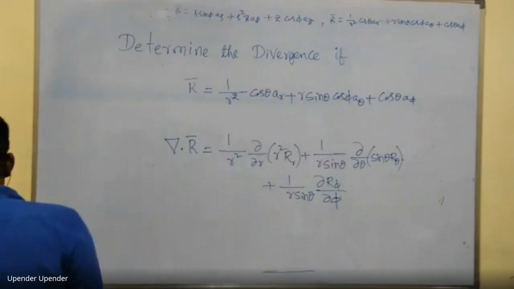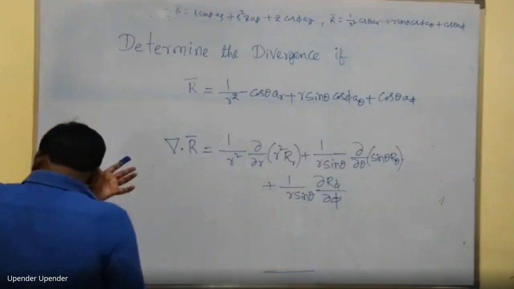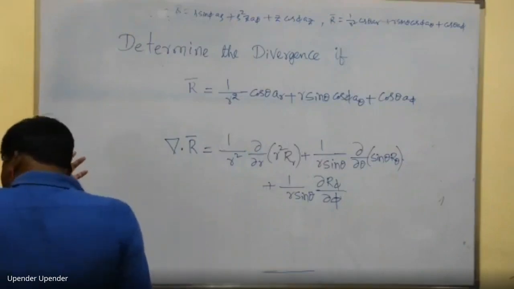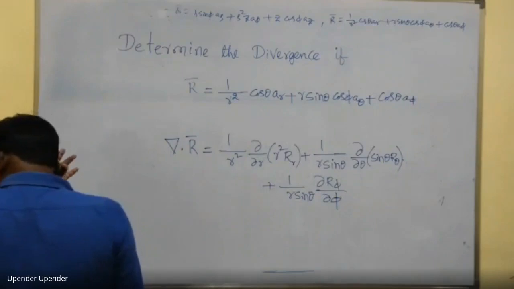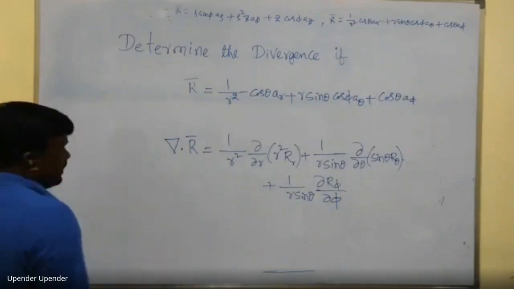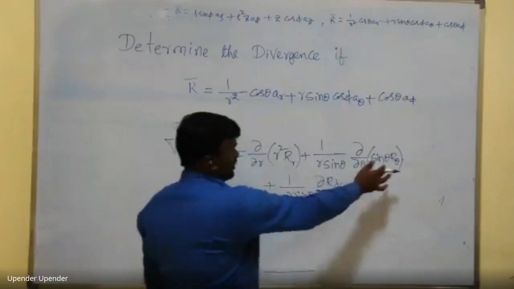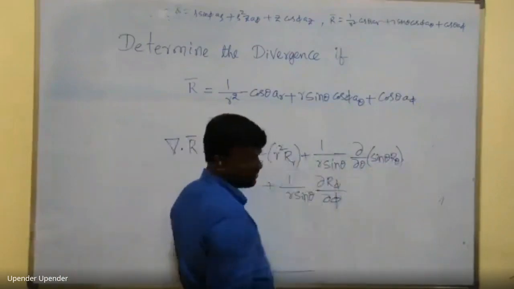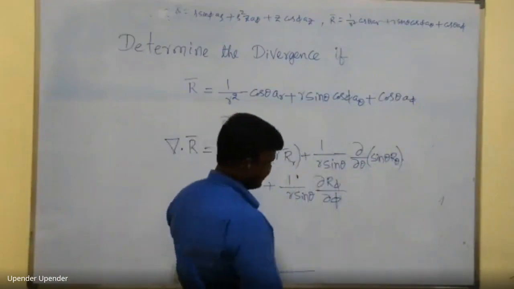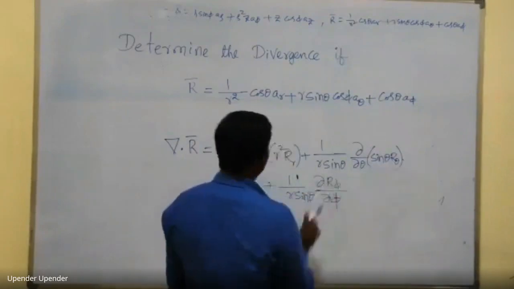This is the formula for the divergence of a given vector in spherical coordinate system. Now substitute these R r, R theta, R phi.